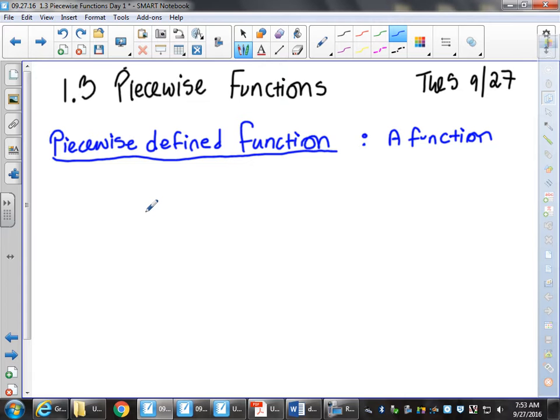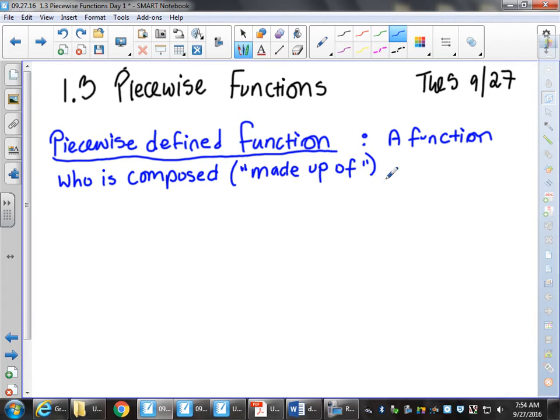So our definition for piecewise defined function is going to be a function who is composed, which means made up of, unofficially, but composed is a much nicer way of saying it, made up of multiple equations.